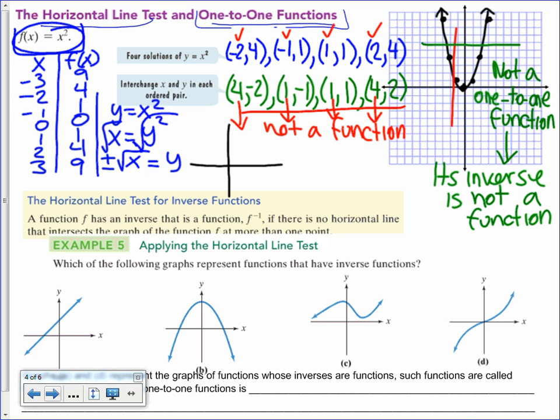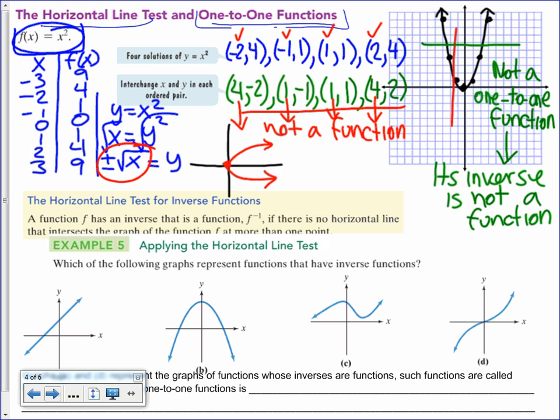If I was to graph this function here, it will be the positive square root of x. That will be here. And then the negative square root of x, that will be like the positive square root of x, but reflected across the x-axis, like that.